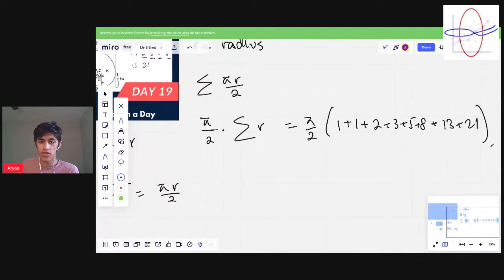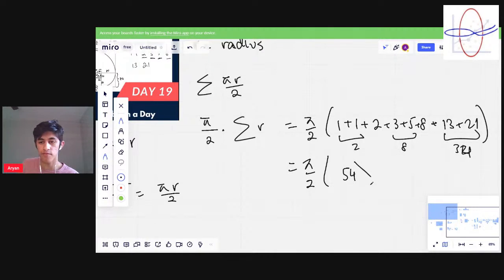This is because every time we distribute the pi over 2 to each term in our sum, it gives us the arc length of that quarter circle. Adding this up: 2 plus 2 is 4, 8 plus 8 is 16, so that's 20, and then you add these two, which is 34, you get 54. Now we can simplify pi over 2 times 54 to just 27 pi.